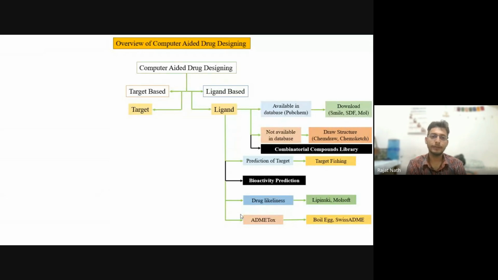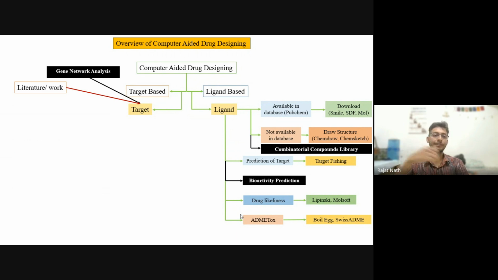By your research or literature study, you will find the target which, if you inhibit it, results in the cure of cancer. So from where can you get this target? This target you can find by literature or by your own design.